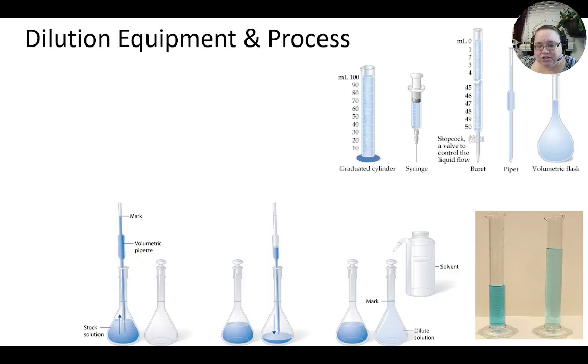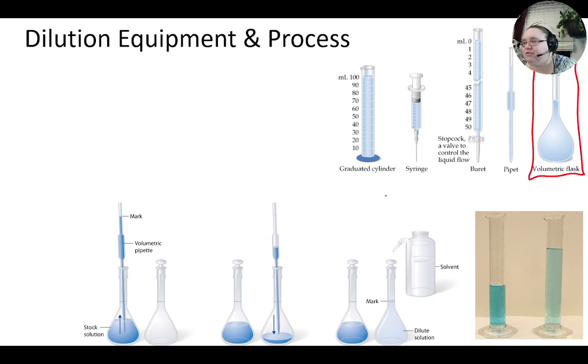So how do we actually do dilutions in a laboratory setting? Depending on how specific I want to get, I have several different pieces of equipment that we can actually use. Most of the time, what you see in a laboratory setting is chemists using what is called a volumetric flask.